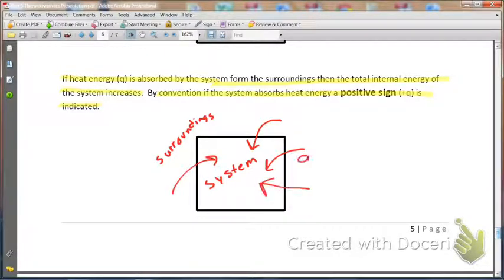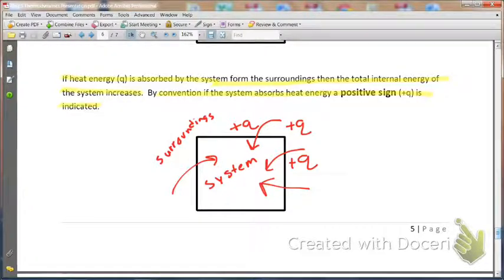When that happens, Q has a positive sign when it's going into the system. And therefore the system's internal energy is increasing and the surrounding environment is losing heat energy. So in this case, the system should be warming up. It should start feeling hotter and the temperature should start rising as the energy is going into the system.